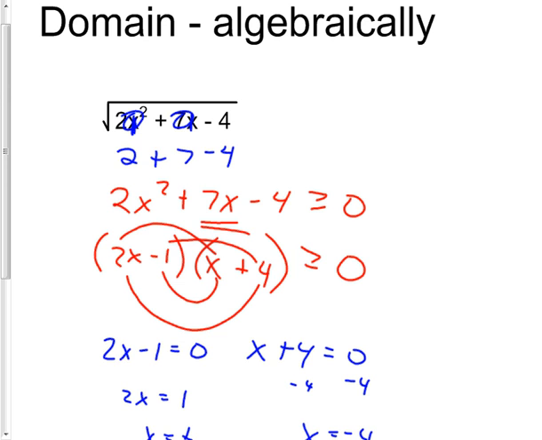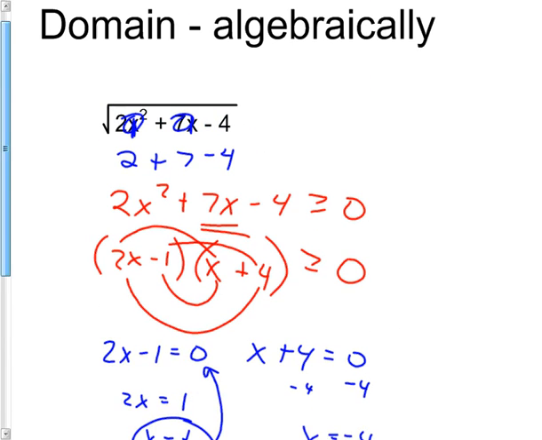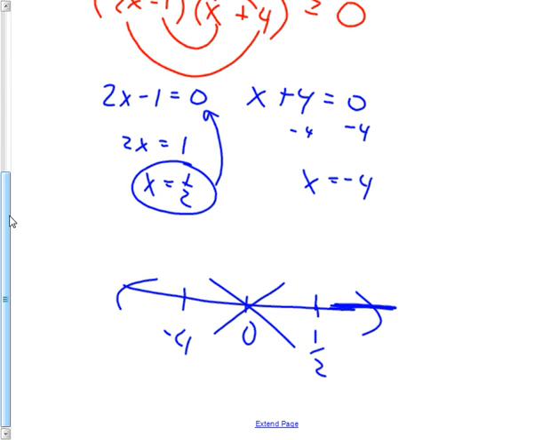Is that going to be okay? Yeah, that's going to be all right. So that worked out there. How about the 1/2 itself? That's going to make it equal 0, right? That's kind of the point. And is it okay for the square root to be 0? Yep. So it works there, and it works there.